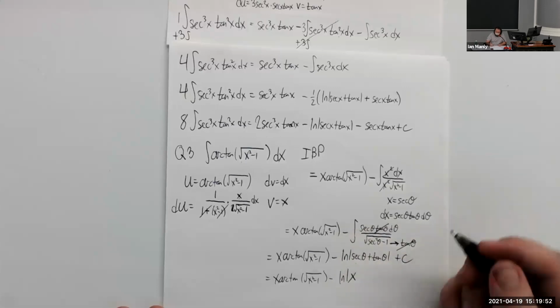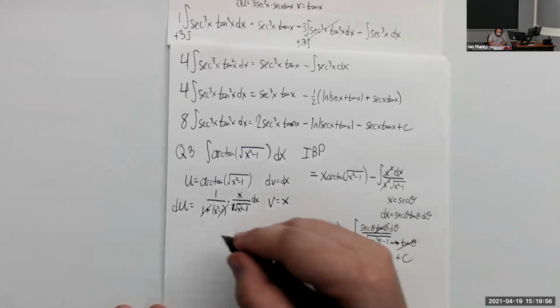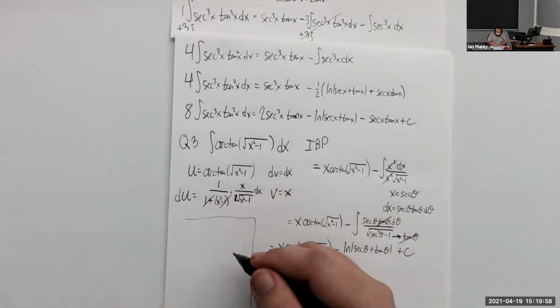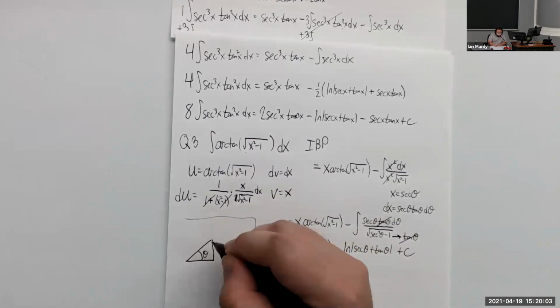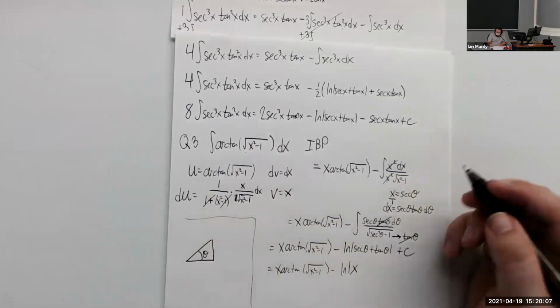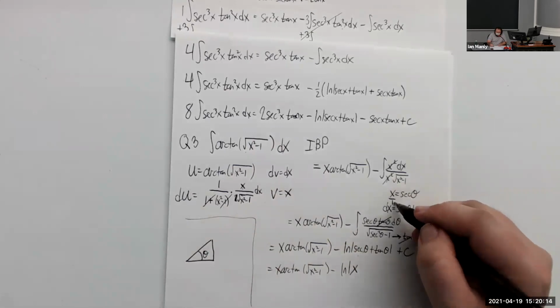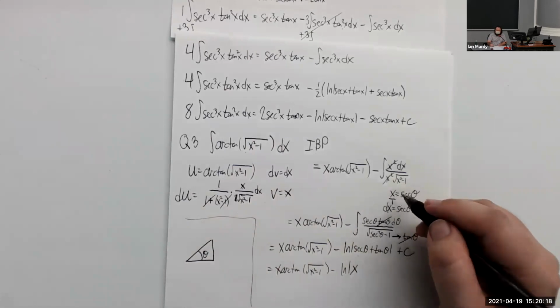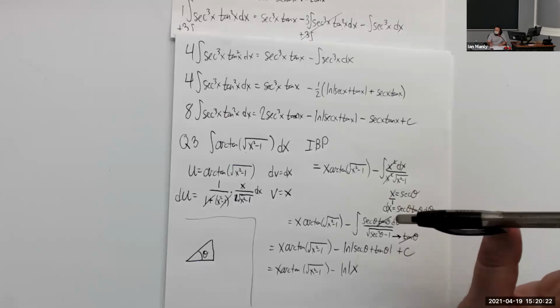Okay, no problem there. All right, now tangent. Tangent, we're going to have to use the triangle to get here. So let me kind of draw the triangle over here. Okay, so we have x over 1 here. All right, it's been a while since we've done this. Secant of theta is going to be what over what? That's right.